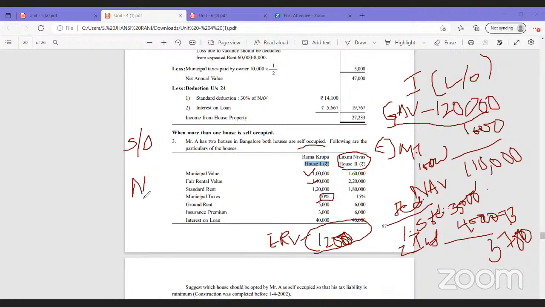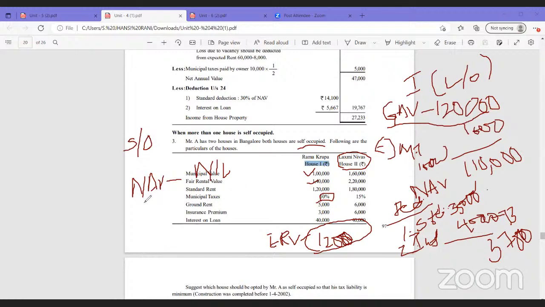Whenever the house is self-occupied, as there is no income, our solution always starts with net annual value nil. Why? Because there is no income to us. If we have income, we will write gross annual value, we are getting rent, and we will deduct the municipal taxes. When you don't have any income, there will be no deduction. So we will directly start with net annual value as nil.